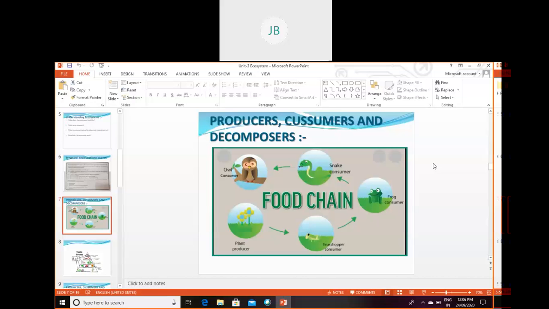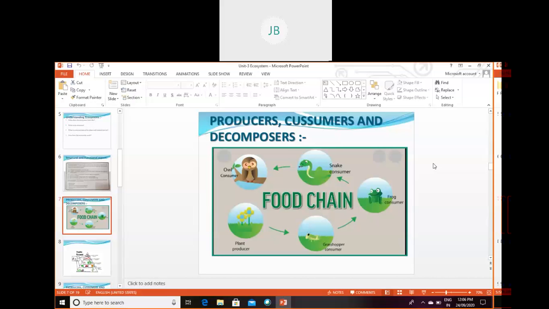In the sea, again, which are the producers? Plants are the producers for the terrestrial ecosystem, but in the aquatic ecosystem they range from tiny algal forms to large seaweeds. Okay, we are talking about the producers.